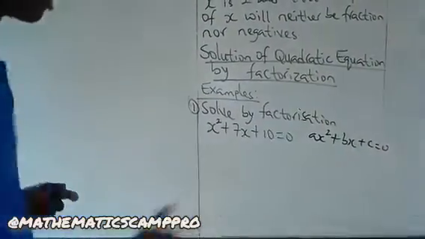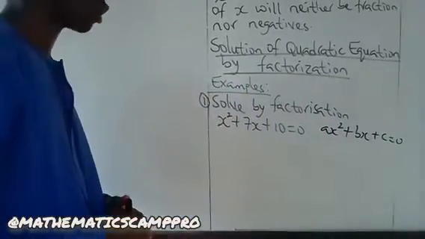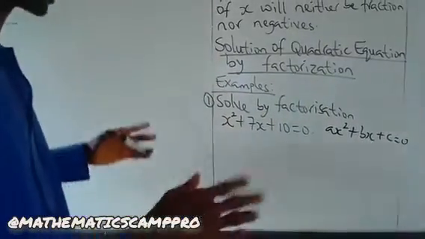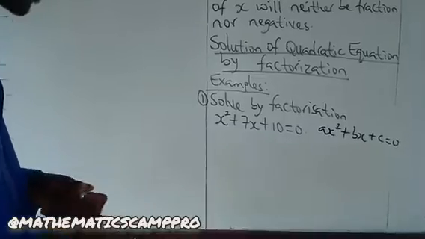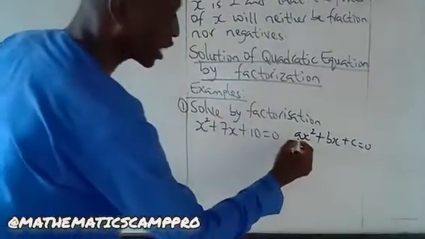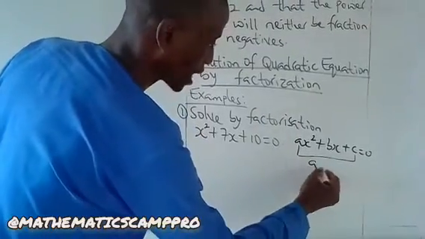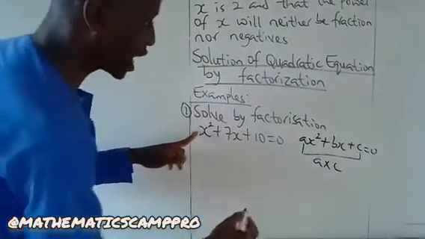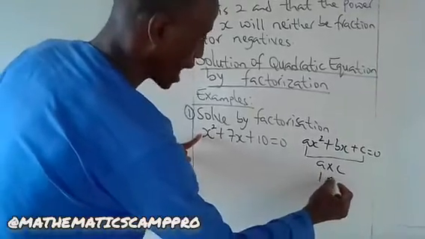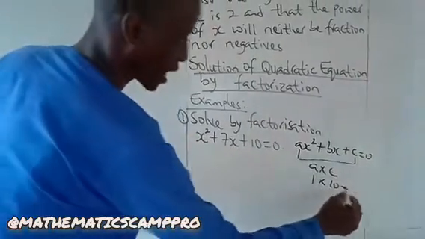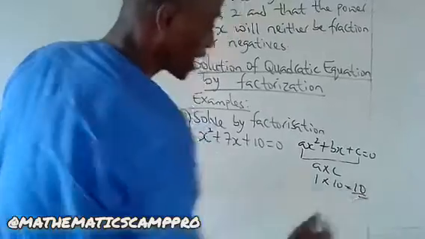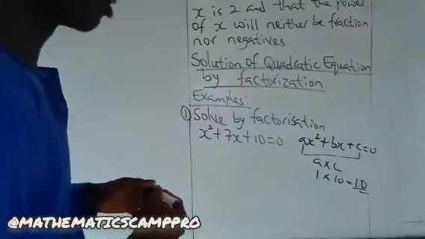Now how are you going to solve it? Using the factorization method. The first thing you're supposed to do is take your a and multiply it with your c. That's a times c, and a here is 1, so 1 times 10. 1 times 10 gives us 10. That is what we call the product.